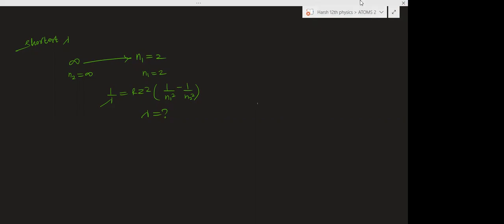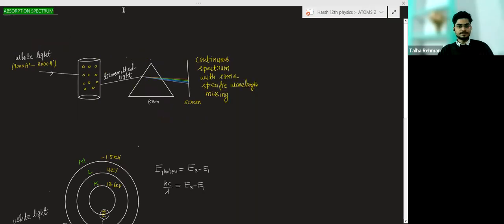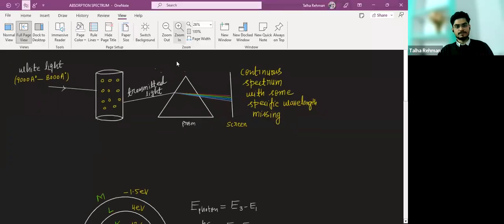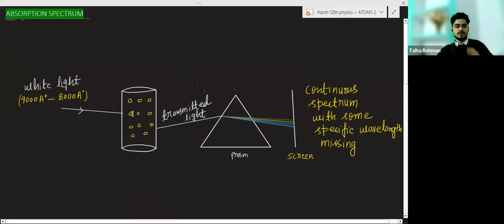Okay, so the absorption spectrum is very easy. What happens in the absorption spectrum?